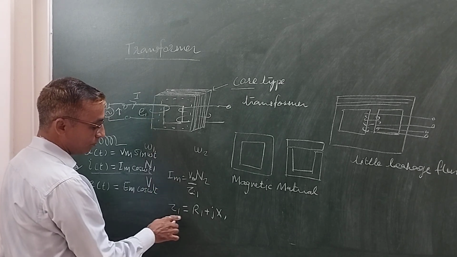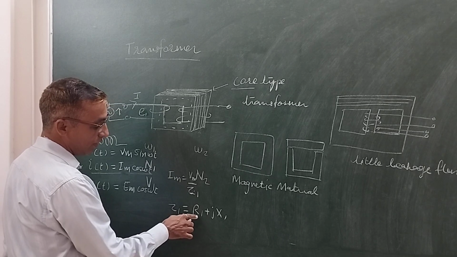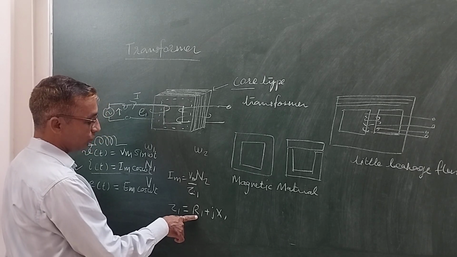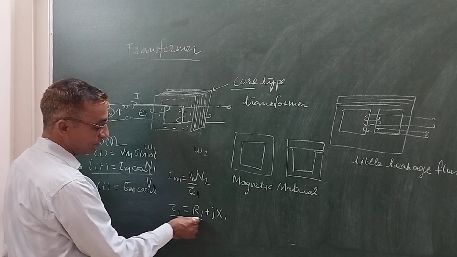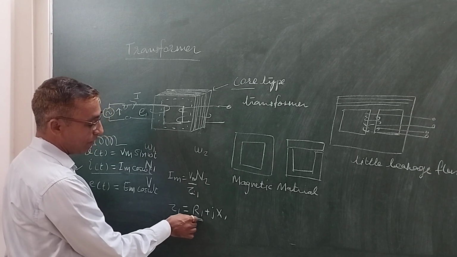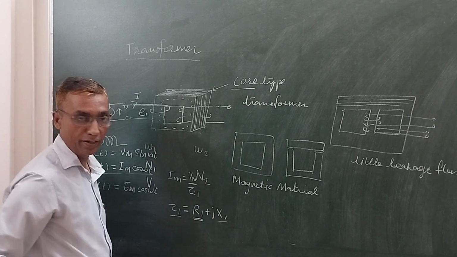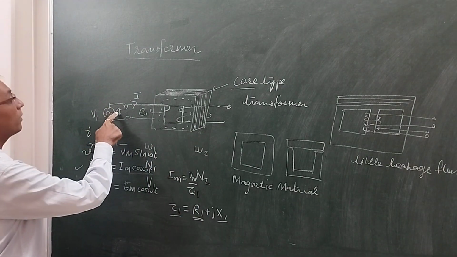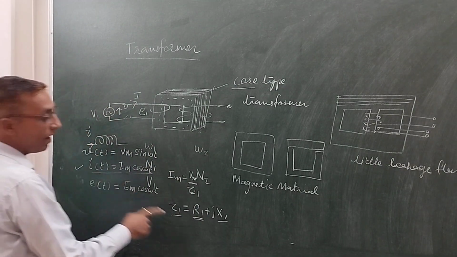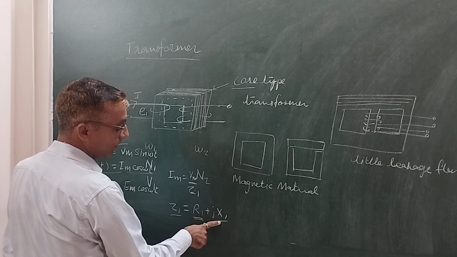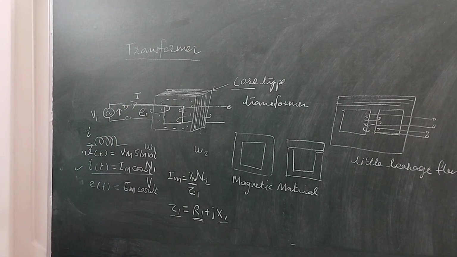If I calculate the DC opposition to this winding, to the flow of current, it is the resistance R1 which is opposing. If I want to calculate the total opposition to the winding because of its frequency dependent supply, then there is the reactance of the winding X1.